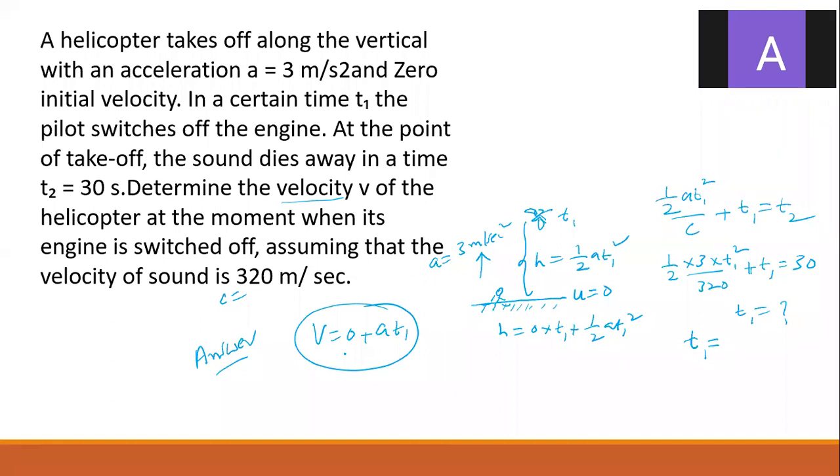Then V is equal to A into T1, I substituted the T1 value there, in variables only, then I substituted the values. Achha, T1 equals V by A, you put here. No problem. V is 80 you got. Sir, I got the same answer. T1 is 80 by 3 seconds and V is 80 meter per second. Yeah, this is correct.